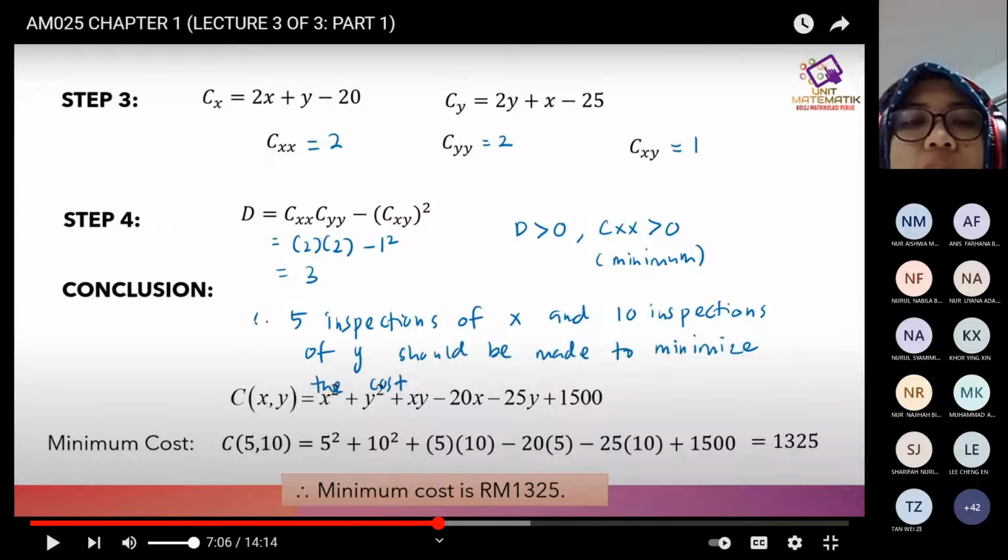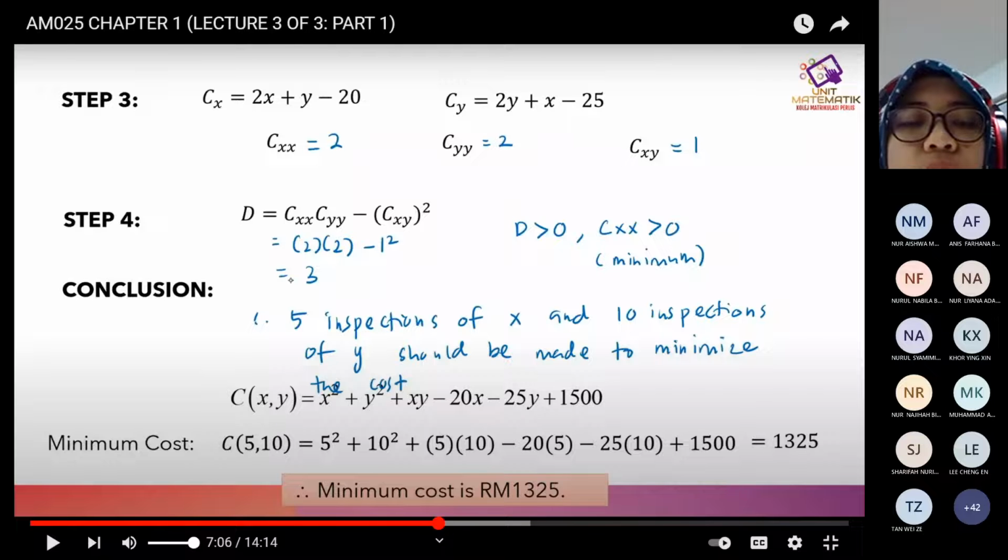If your C sub xx and C sub yy or C sub xy, you will not get single value. Means that the value that you get will have a variable, for example x or y. If you have variables in your C sub xx, C sub yy, what you need to do is just substitute the point that you get in step 2. So for example here you get the point is 5, 10.